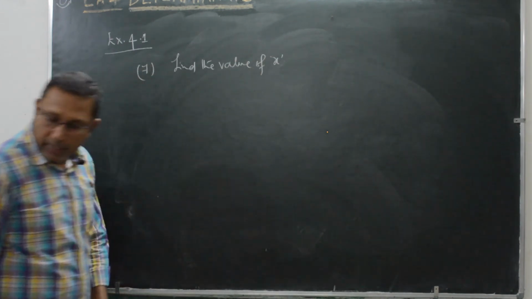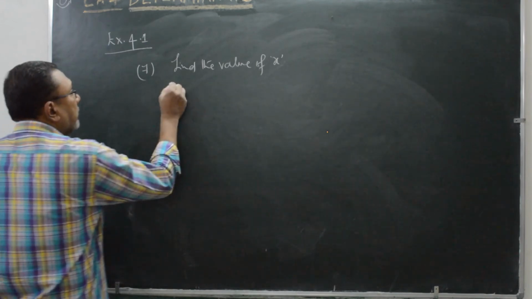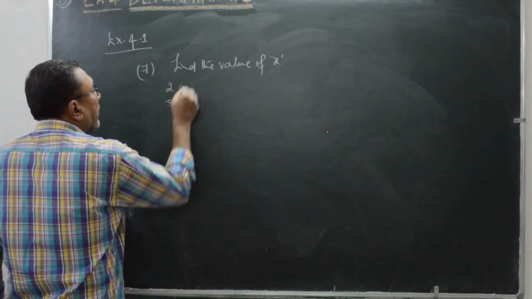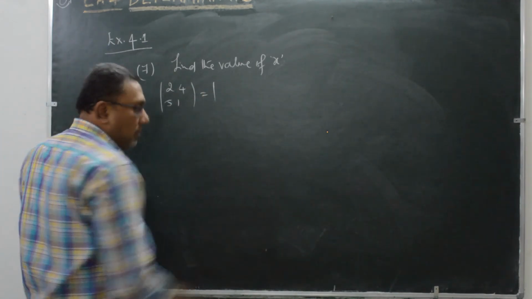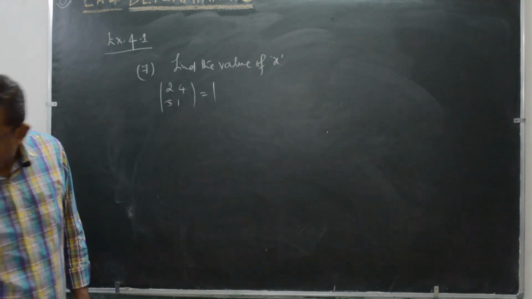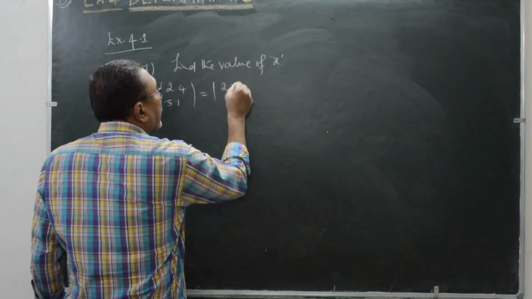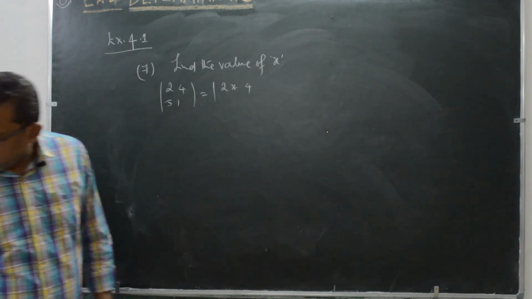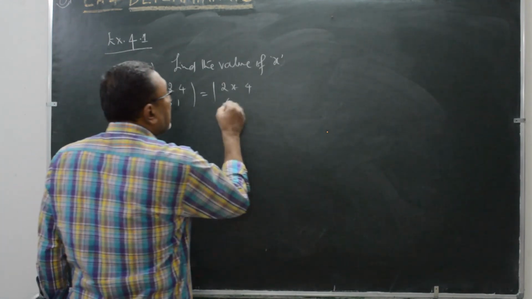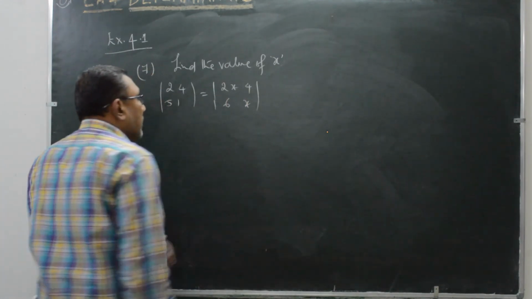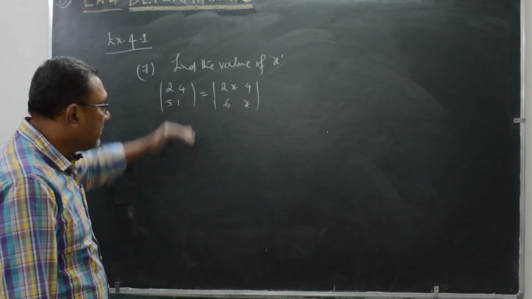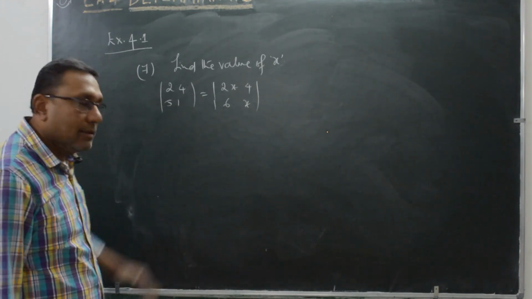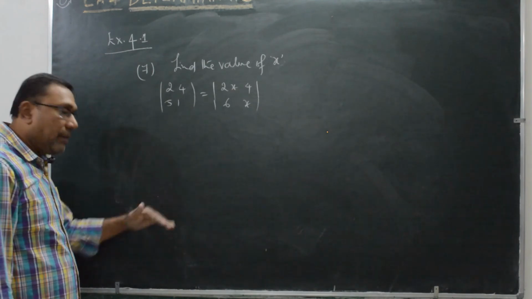What we are given is the matrix 2 4, 5 1 is equal to the matrix 2x 4, 6 x. I am not doing anything, just taking the equality. When you are solving, equate it.